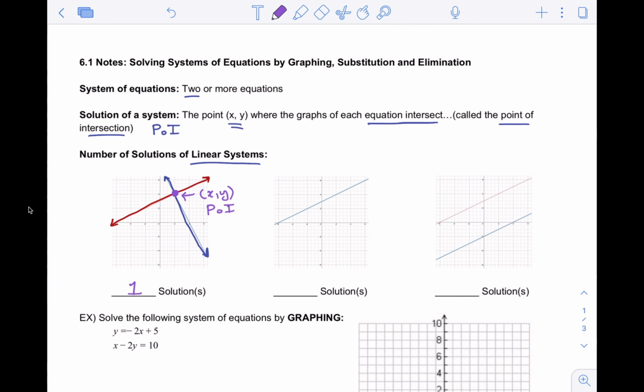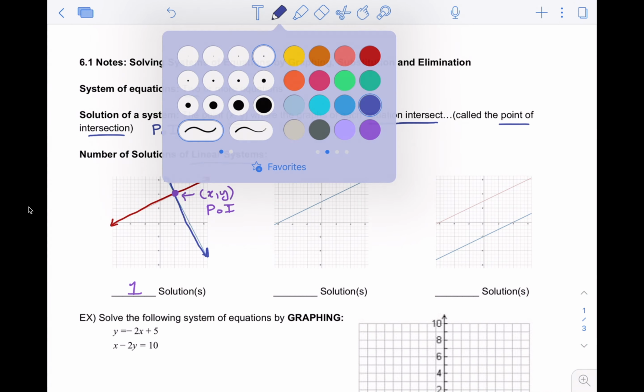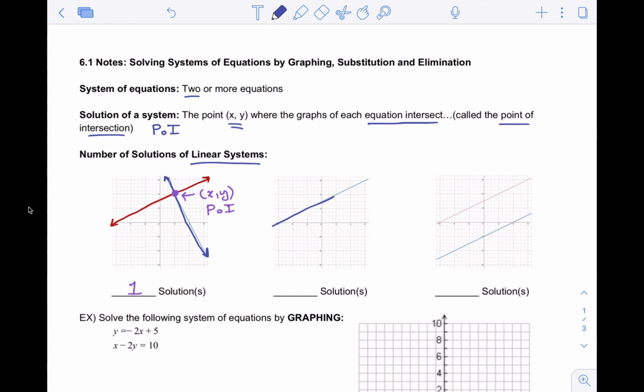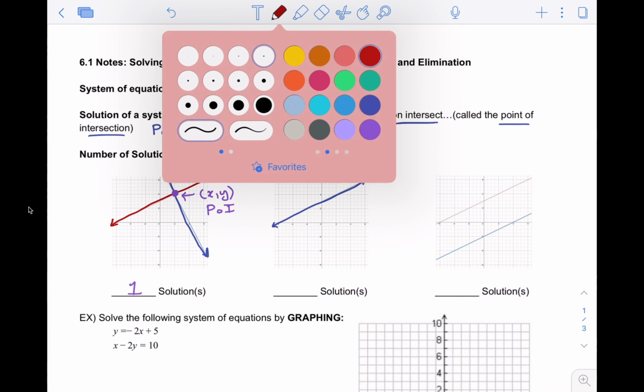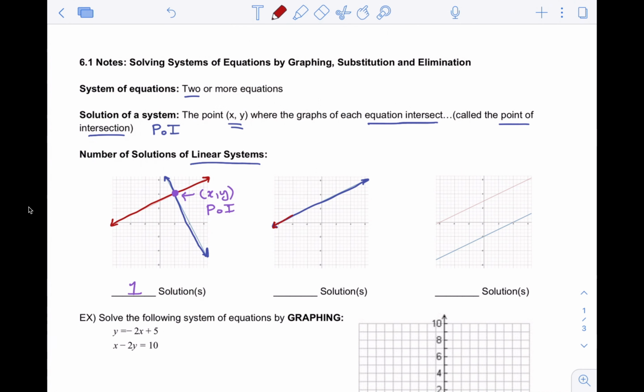Now, if you have the same line, blue, and then you graph your second equation, and it ends up graphing entirely the exact same way, to where one line is actually on top of the other. Well, blue and red make purple. So that's what's happening here. That's what that purple line is signifying.